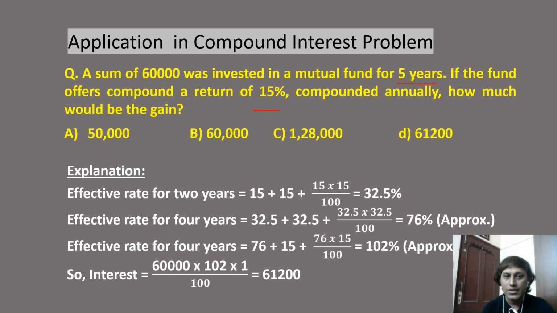So guys, the main funda is we have to find the effective rate of 5 years as 1 year's interest, right? For example, if I say 15% simple interest for 4 years, it would be same as 60% interest for 1 year. So similarly, if you put 100 rupees in 10% compound interest, after 1 year 100 will become 110, and after one more year 110 will become how much? 11 interest, 10%, so that becomes 121.